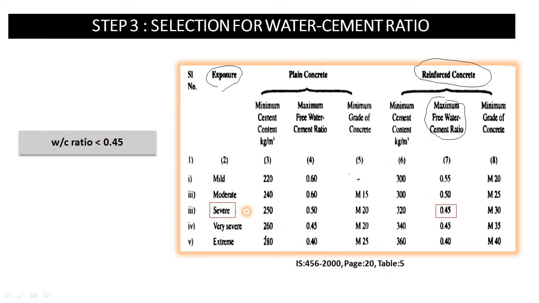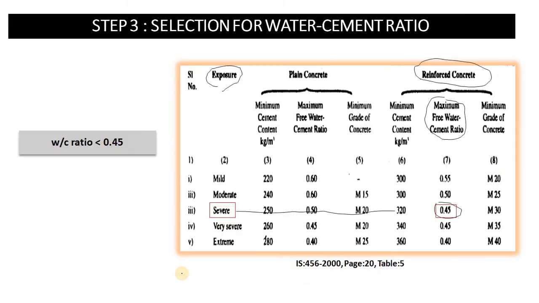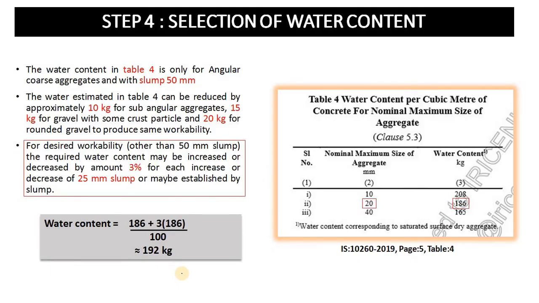So the maximum water cement ratio, depending upon the condition, is 0.45. The water cement ratio we have obtained here, which is 0.42, is less than 0.45, which is okay.